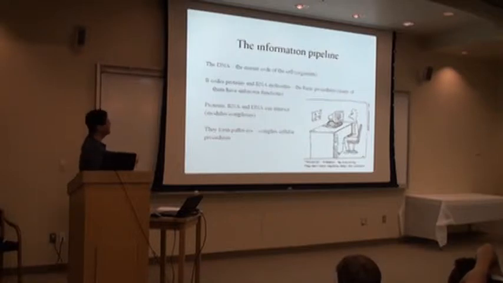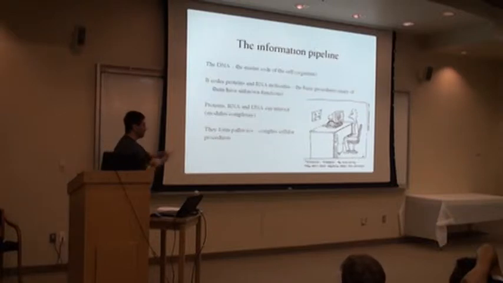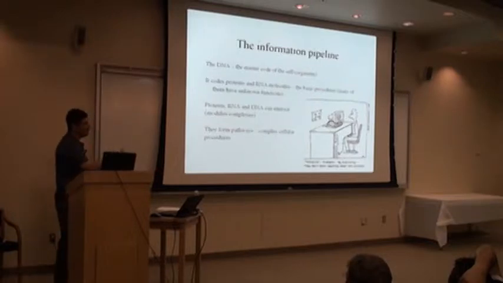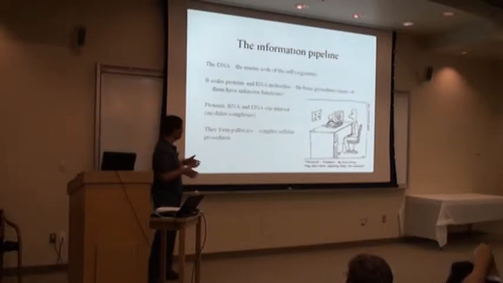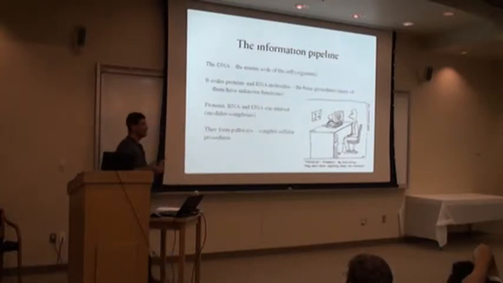We have the DNA, all those different chromosomes, but altogether we have those 3 billion nucleotides that are the master code for the cell. And it codes for multiple entities on multiple levels. At the very basic level, it codes for proteins and RNA molecules. These can be perceived as the basic procedures, in computer science lingo, if you make the analogy with computer programs.